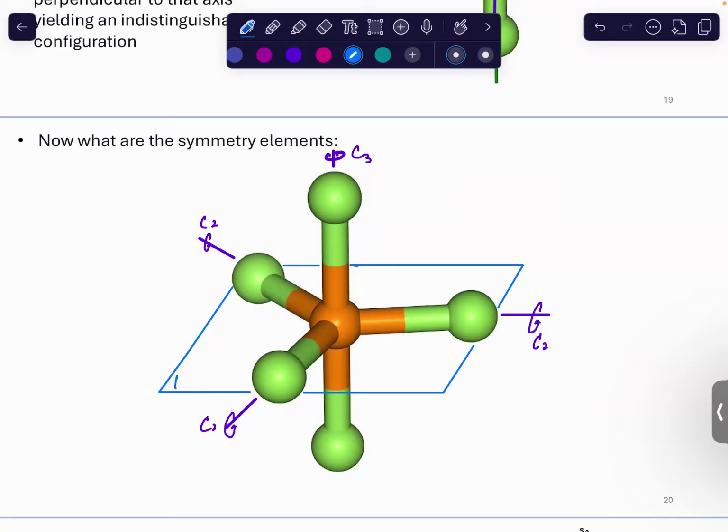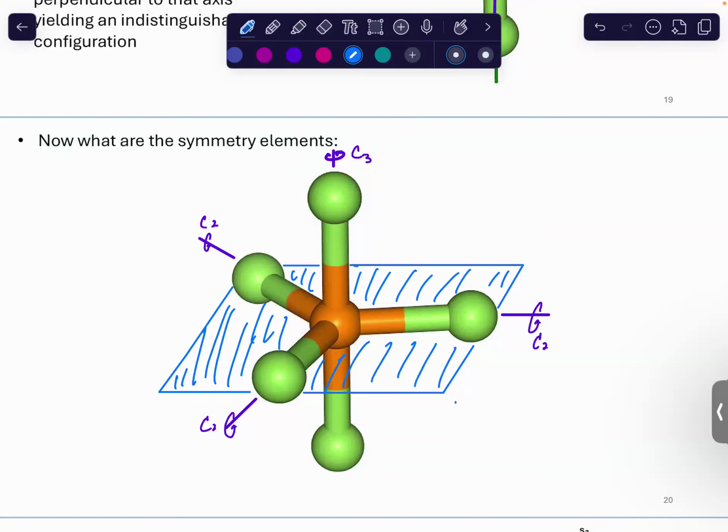Good enough. There's our sigma H, which is good because that means you recognize that C3 is the principal axis. What about sigma V's? Could you get three, like going down each of the?